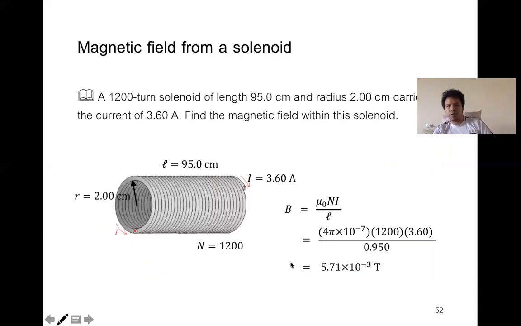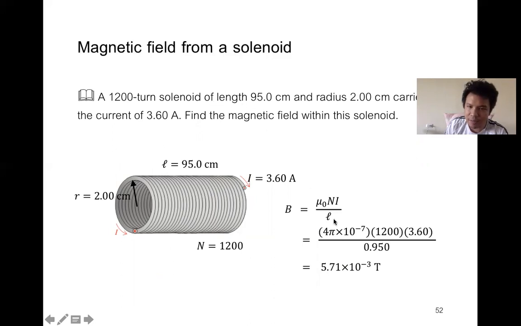Here it comes to this example, where we try to calculate the magnetic field inside the solenoid, using the relation that we have from Ampere's law. They give us the number of turns, the current, the radius, and the length. We are not going to use the radius; we are using only the length.